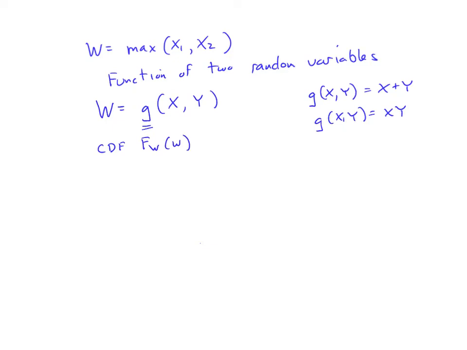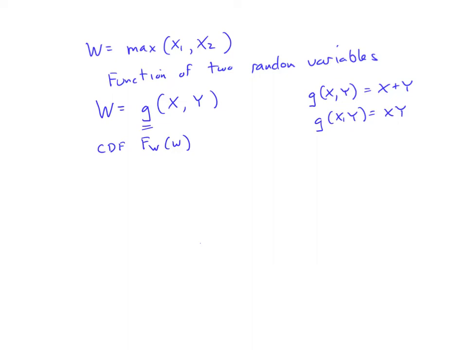In general, finding the CDF can be quite difficult. In some sense, in the last problem, finding the CDF, we just got lucky. The fact is that the random variables were independent and identically distributed, and the max function has special properties that makes it easy to find the CDF. In other problems, finding the CDF or the PDF is hard.